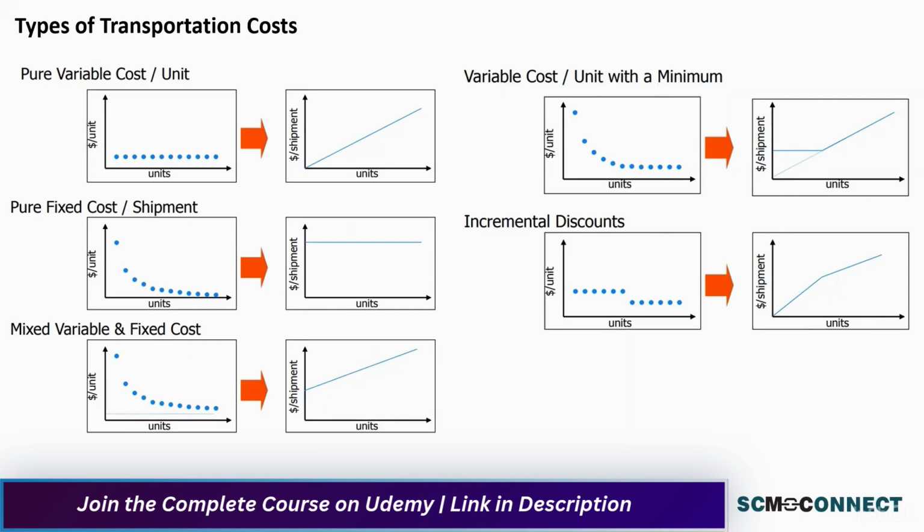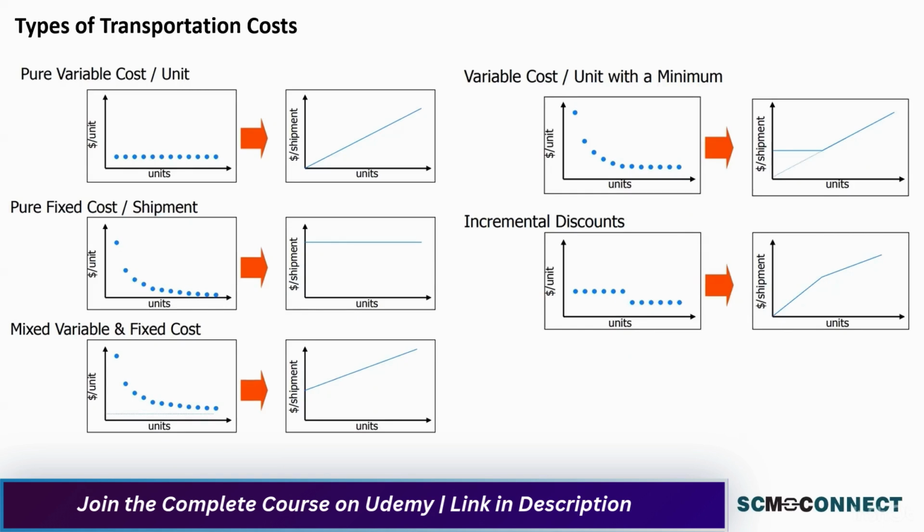The moment you shift from 10 units to 20 units, you hit $200. So dollar per shipment is a linear function, and dollar per unit will be a straight line, constant.